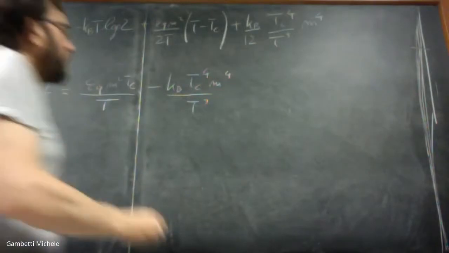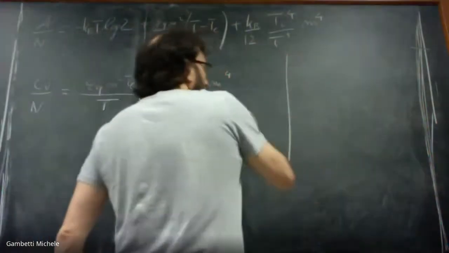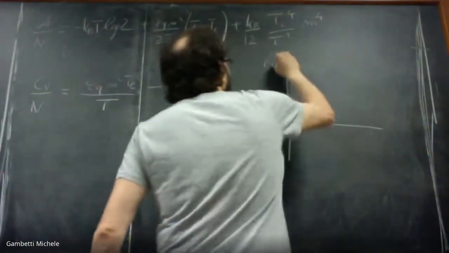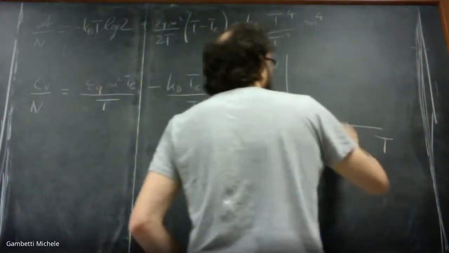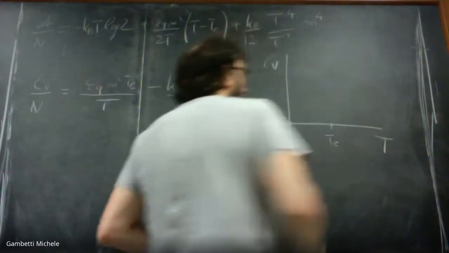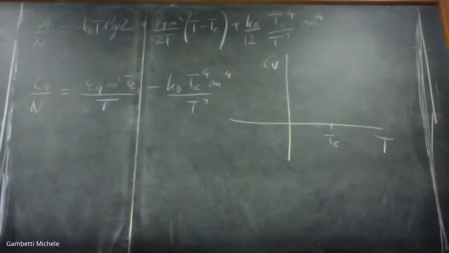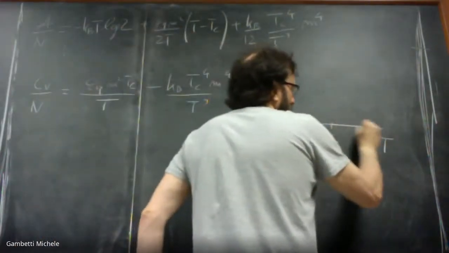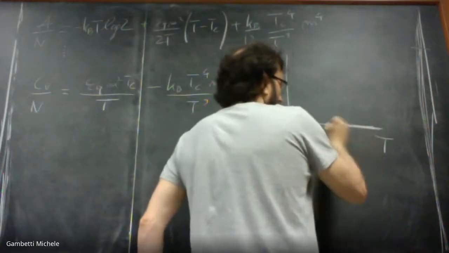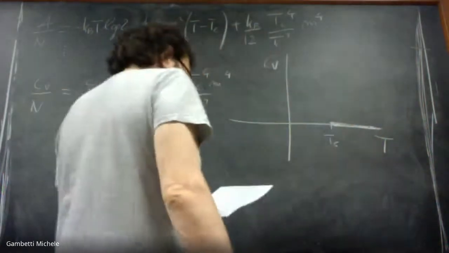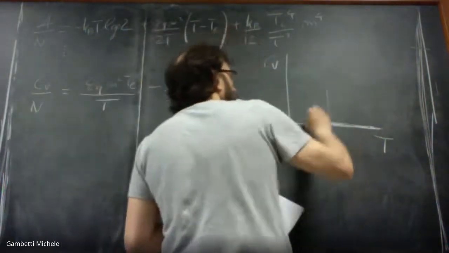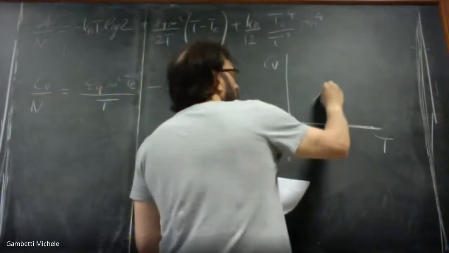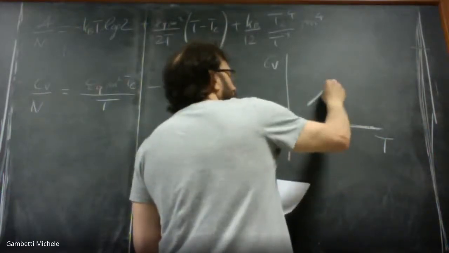Now, if you do a plot of cb as a function of t, and here I have tc, for t larger than tc, this is vanishing, okay? Whereas it has a jump at t equal to tc.